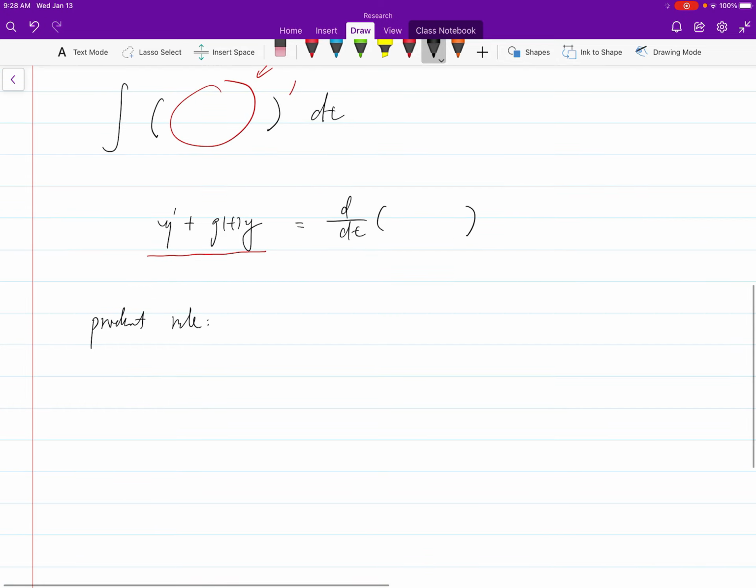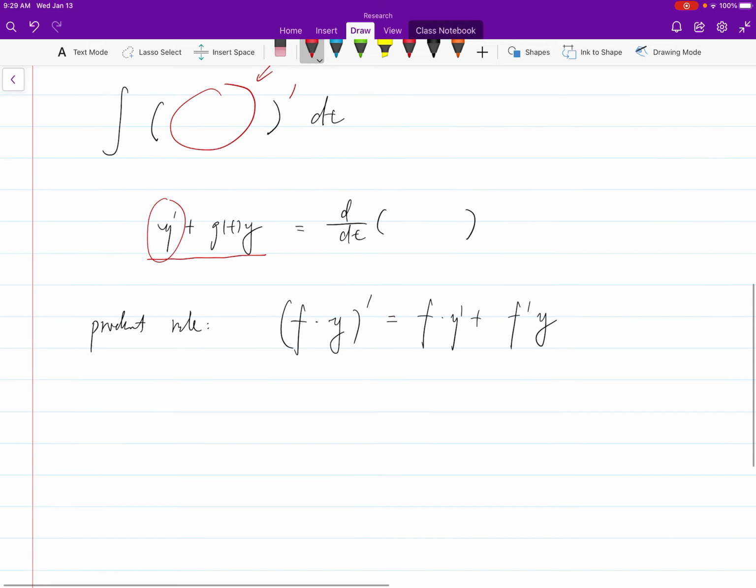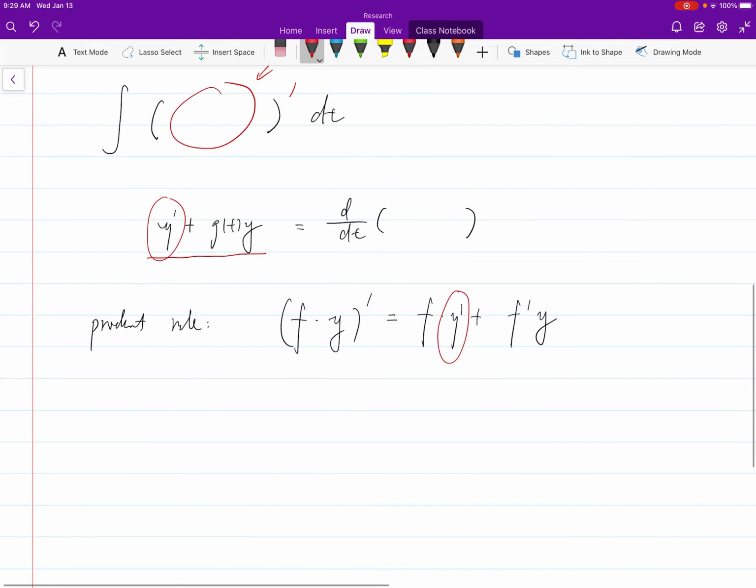What do you have for the product rule? If you have f and y, and you take the derivative, you are going to have f prime times y plus f y prime, which is exactly y prime and y, and then take the sum.